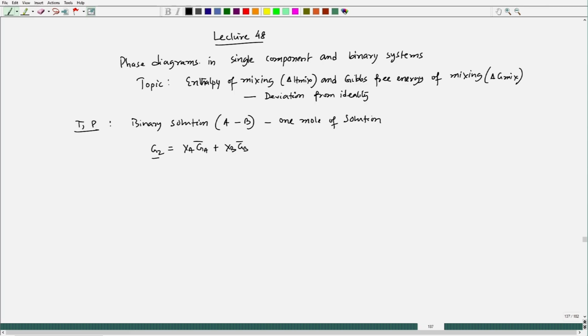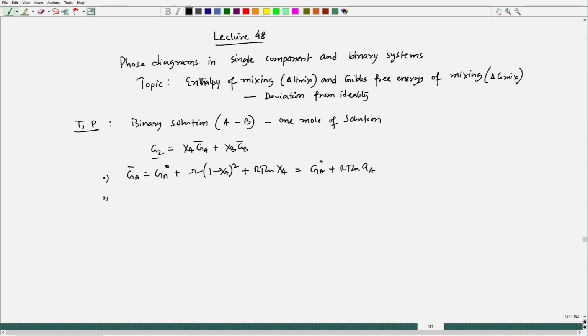So, when we apply it to the non-ideal case, we see that GA bar equals GA naught plus omega (1 minus XA) square plus RT ln XA, which can also be written as GA naught plus RT ln AA.